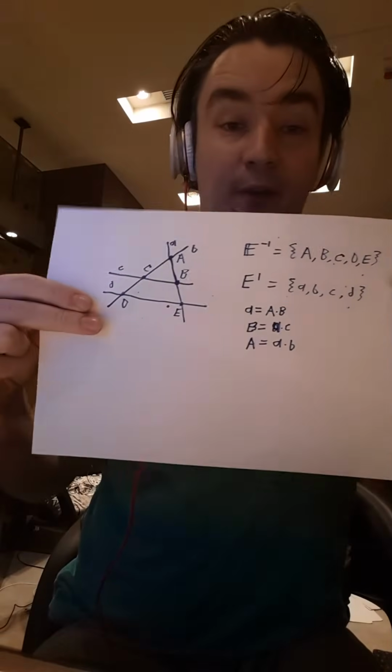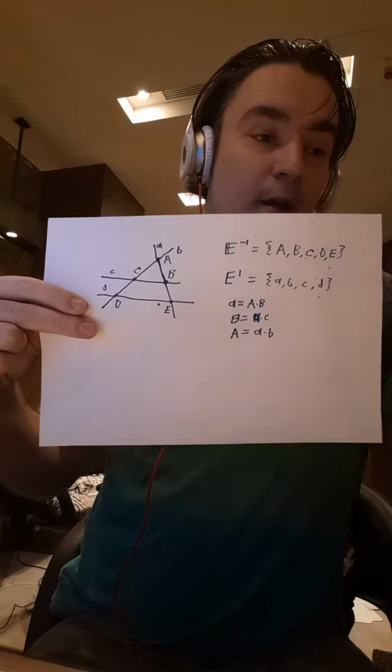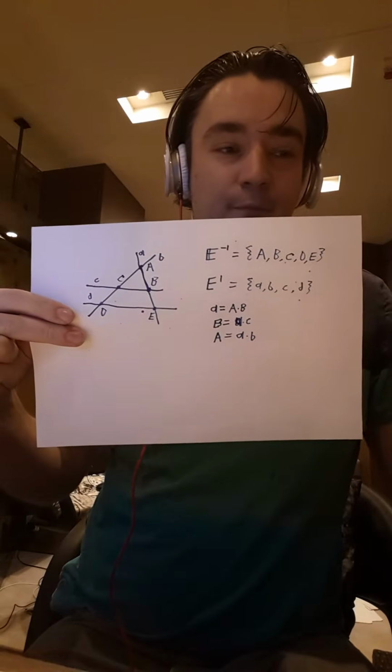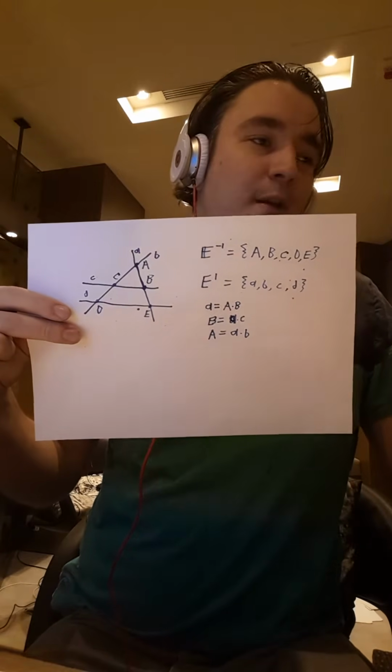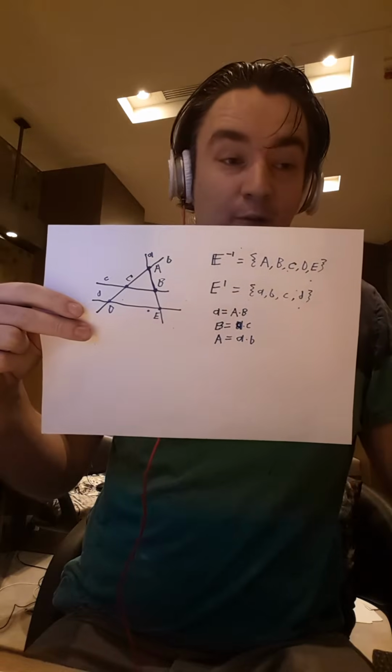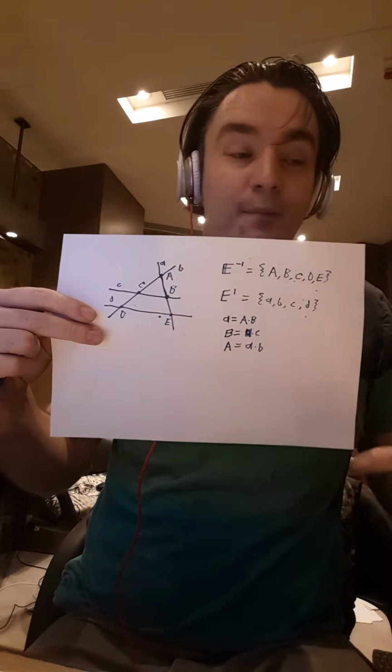So this is the basic idea of how we write when two elements of one type are going to be somehow joined or linked by an element of the opposite type.